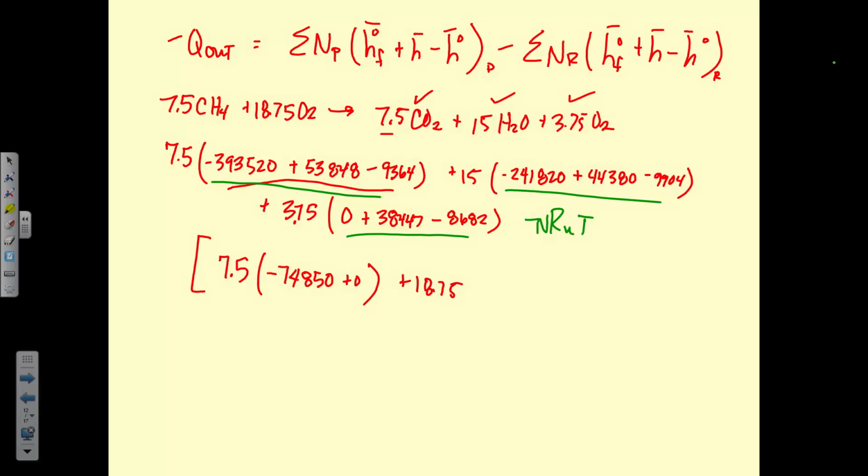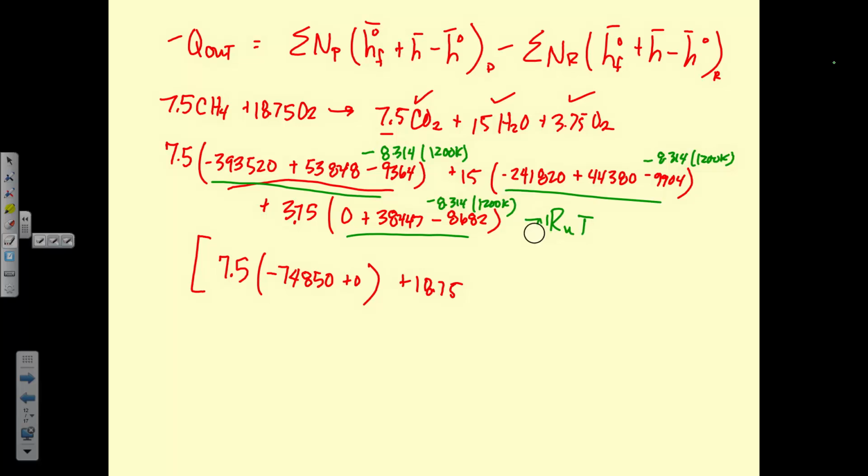So also minus 8.314 times 1200 K, inside each of those brackets. So it's 7.5 times this, 15 times this, and 3.75 times this.